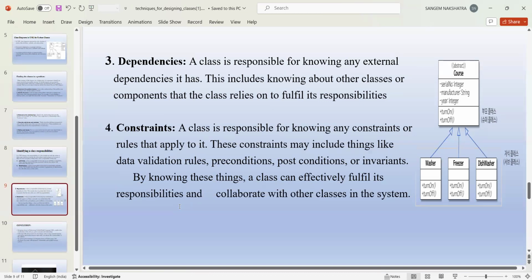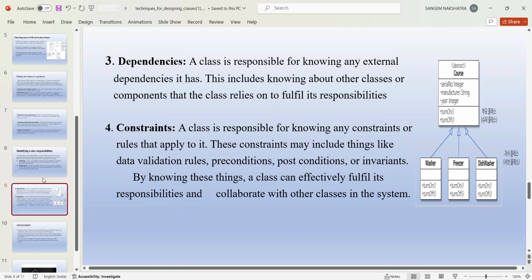Constraints. A class is responsible for knowing any constraints or rules that apply to it. These constraints may include things like data validation rules, preconditions, postconditions, or invariants. By knowing these things, a class can effectively fulfill its responsibilities and collaborate with other classes in the system.